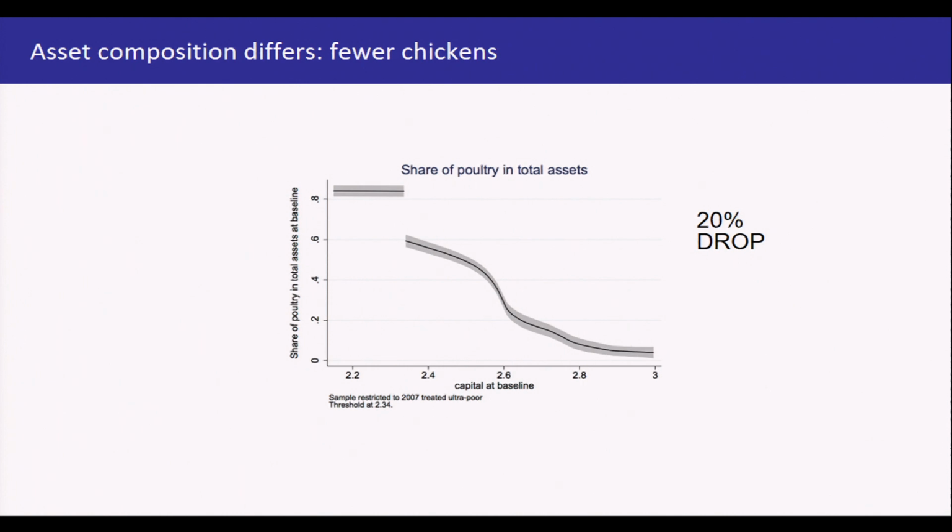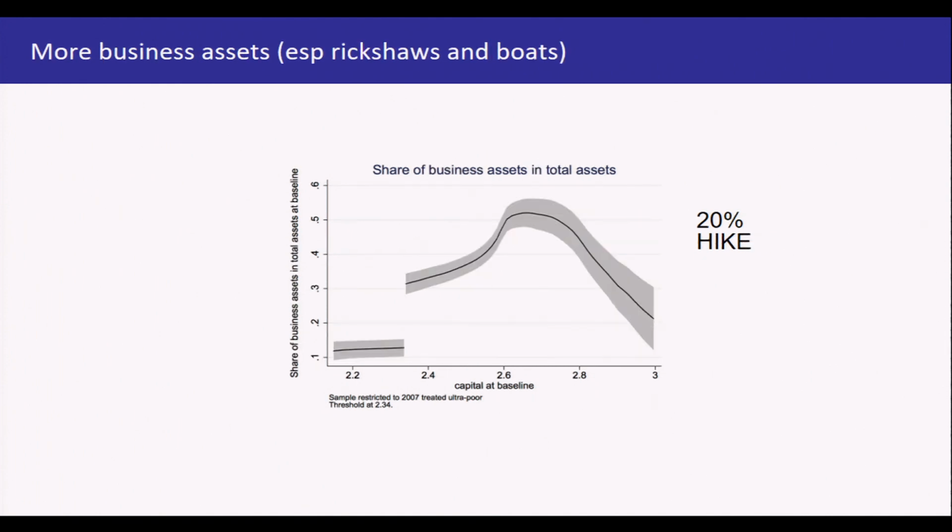So what do they have, given that the wealth is the same? Business assets, mostly rickshaws. There is a hike from 10% to 30% of total wealth in rickshaws. This kind of makes sense because if you have a cow, the way you make money from the cow is to sell milk.